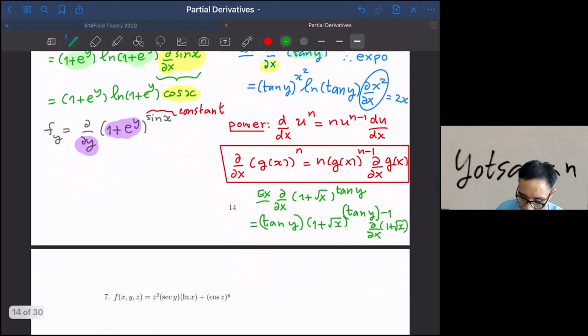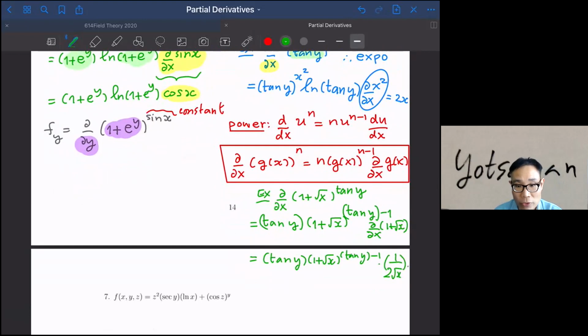So in this one, the final answer is 10y times (1 + √x)^(10y - 1), and you differentiate 1 + √x, so it's just 1 over 2√x. Okay, so that is the power rule.